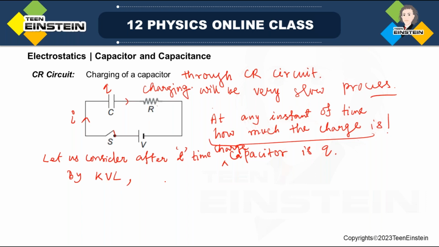By KVL we can write VC, the voltage across the capacitor, plus the voltage across this resistor, equal to V. Q by C is the potential across C, because Q is the charge stored so far and C is the capacitance, and the voltage across the resistor is IR. This is equal to V, the potential of the battery.